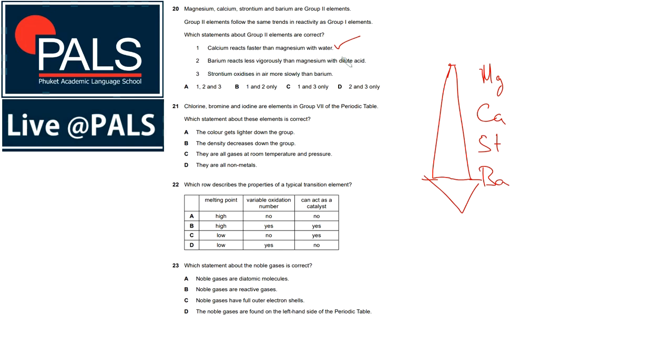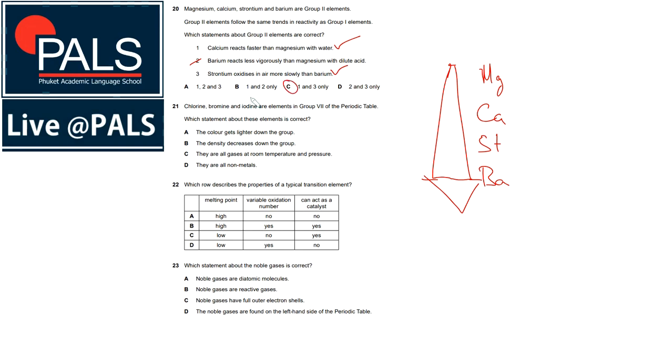That is wrong, because barium is more reactive than magnesium. Strontium oxidizes in air more slowly than barium. That is correct. Oxidation is a chemical reaction. Barium is further down, so it will do that faster. So yes, strontium does react more slowly, so this one is correct too. So 1 and 3 only, answer C.